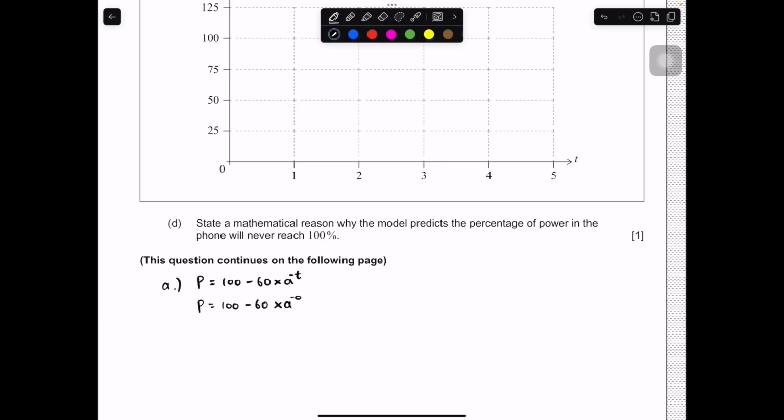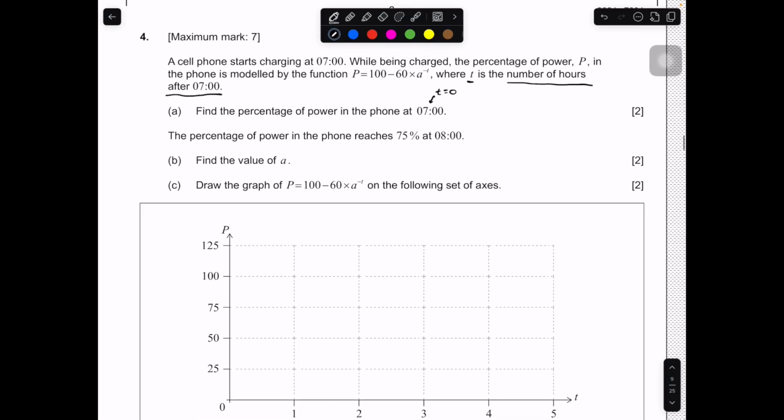And of course, anything raised to the power of 0 just becomes 1. So what do we have? We have 100 minus 60 times 1, or 100 minus 60, and we're left with 40. So when t is equal to 0, P is equal to 40, and I think it's 40%, I suppose. The percentage of power in the phone at t is equal to 0 is just 40%.